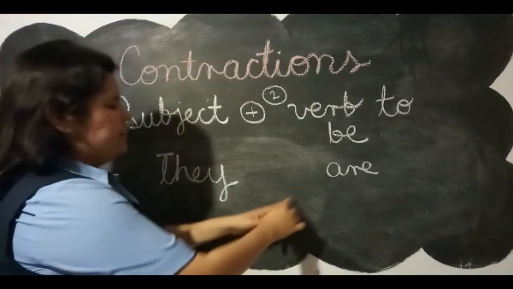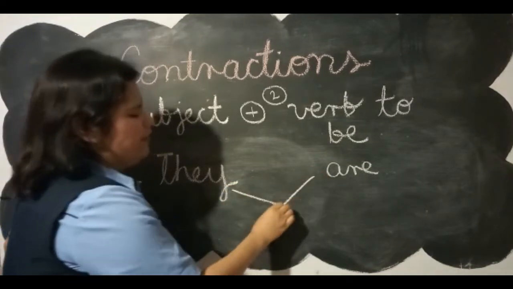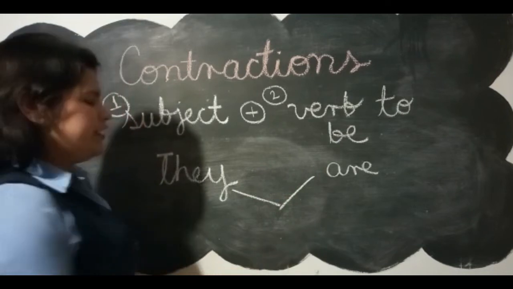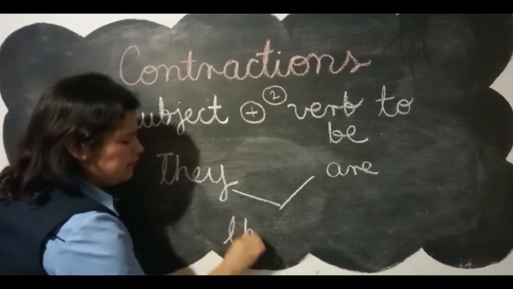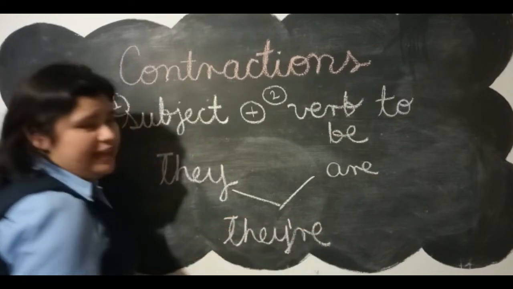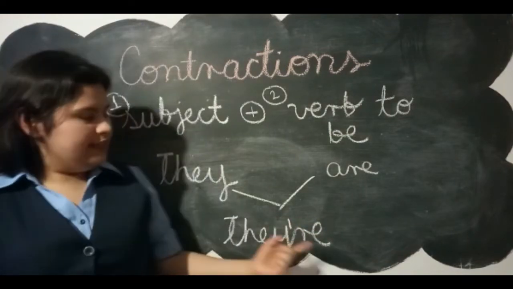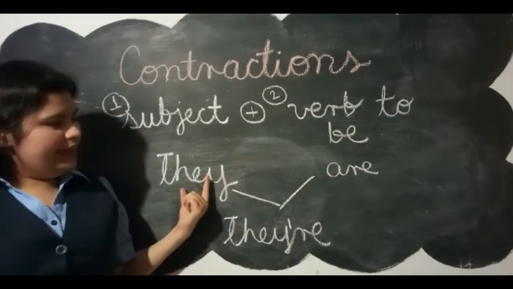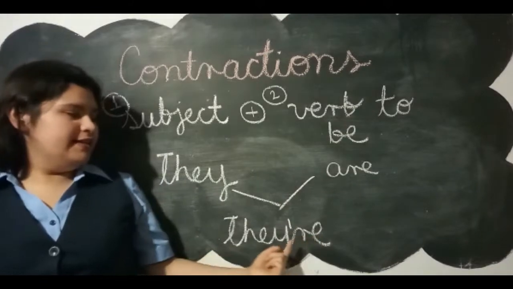When we join them and put together they and are, our contraction is going to be they're. This is the answer. Our new contraction when we put together they and are is they're.